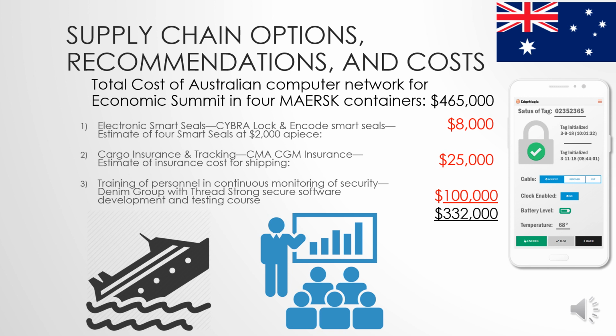The Denim Group is one such organization which specializes in threat-strong secure software development and testing courses. Australia's State Department and cyber incident handling teams will only be augmented by these courses of instruction on how best to deploy and maintain its software to prevent future risk from the supply chain.